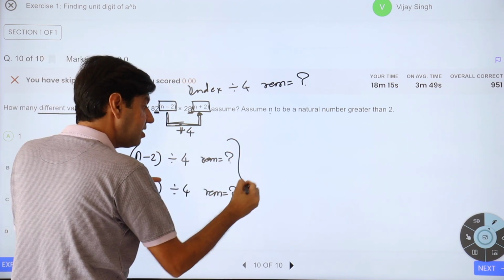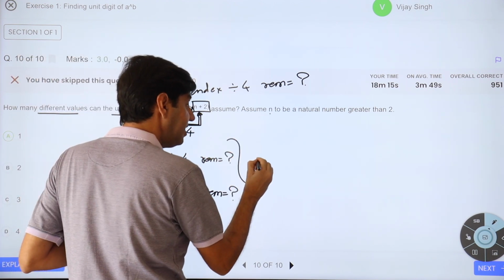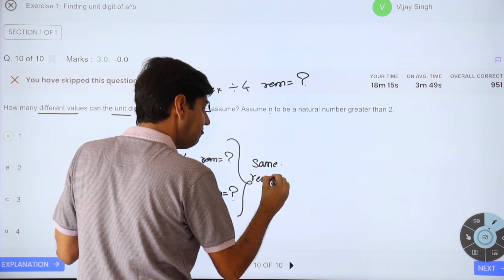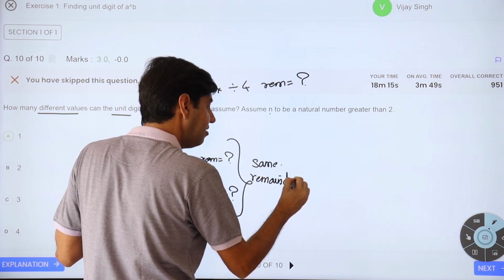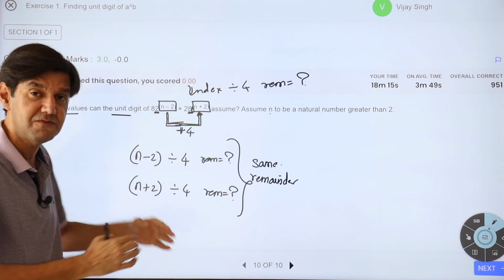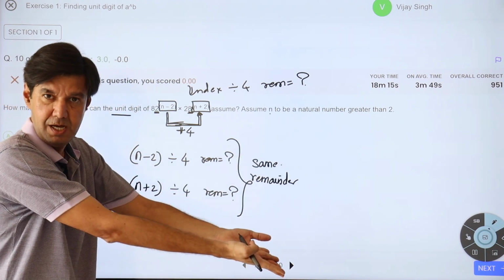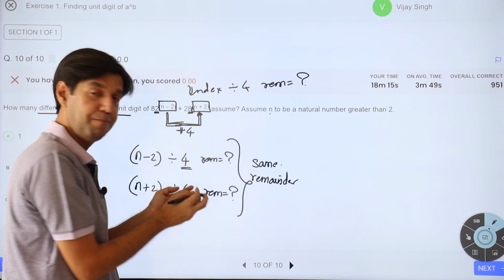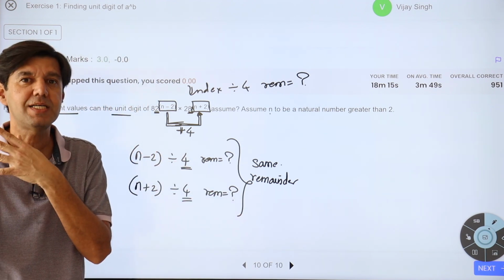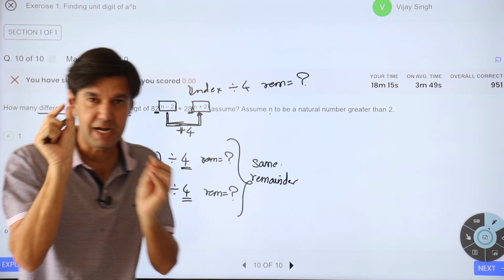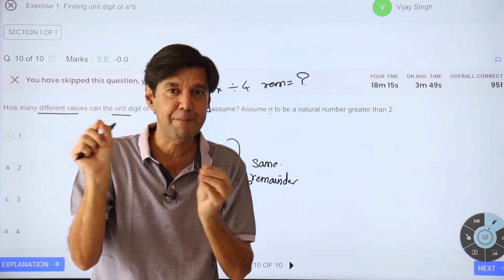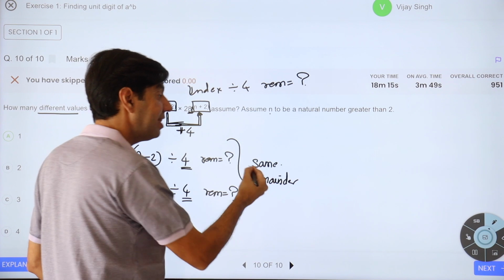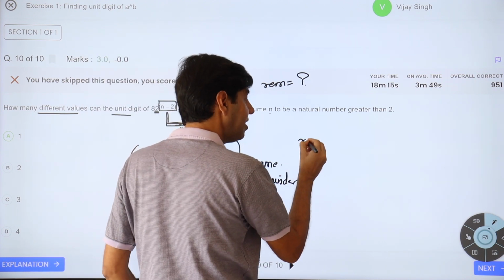So in both cases, it's the same remainder. Whatever is the remainder in the first case, that same remainder will be in the second case. Why? Because you have just added 4 to it. So the 4 that you add gets divided completely, gets flushed out into the quotient. It will appear in the 4k part, 4k plus remainder. The remainder will remain the same.